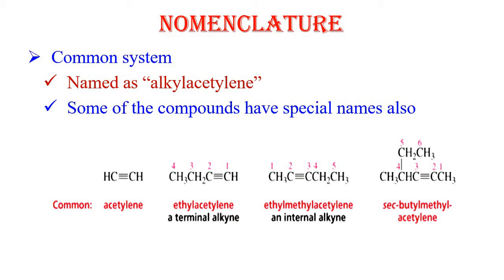This part is from acetylene, and the name of this compound is ethyl acetylene. Similarly, this compound is also known as ethyl acetylene. So in the common system, alkynes are named as alkyl acetylene.